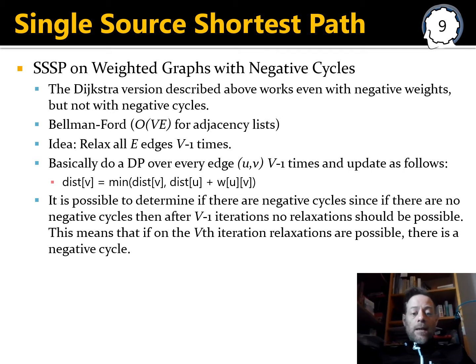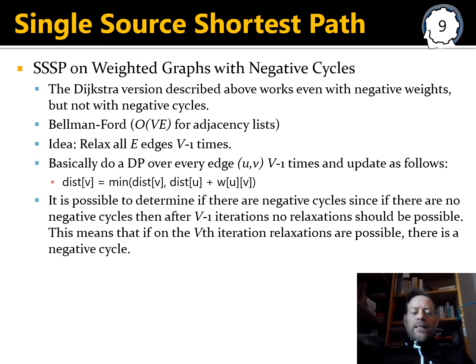Then the sum in that cycle would be -1, which means that you can find shorter and shorter paths by going around the cycle infinitely long, and you will get an infinitely low number. So Dijkstra, as presented on the previous slide, works even with negative weights, but not with negative cycles.